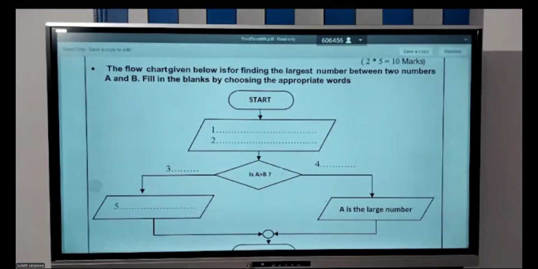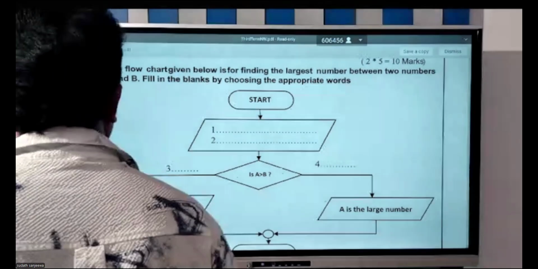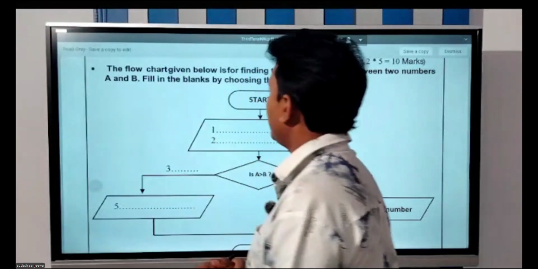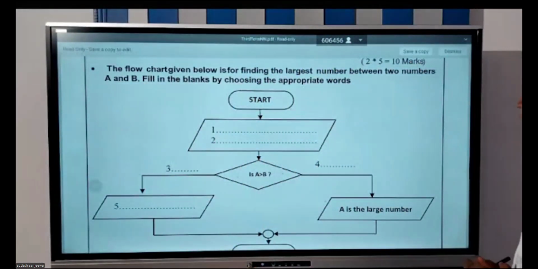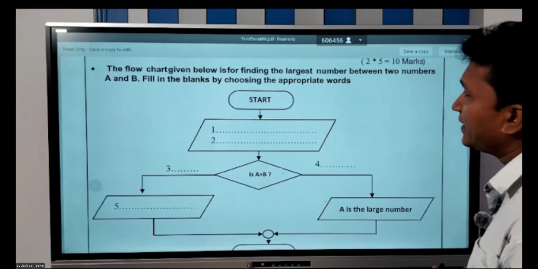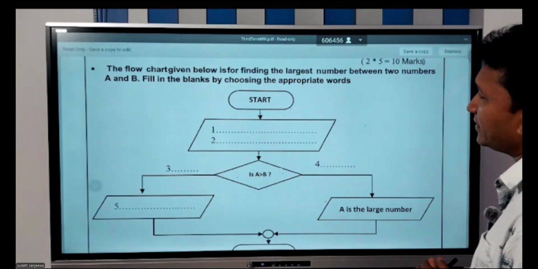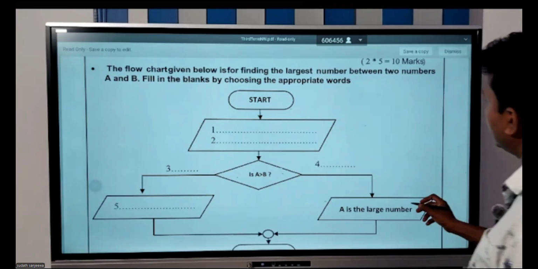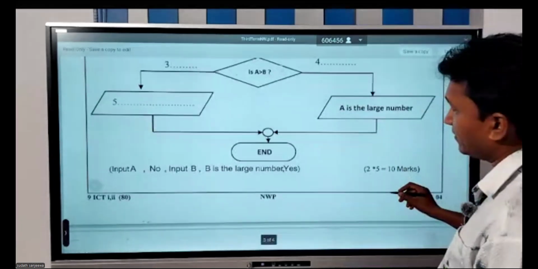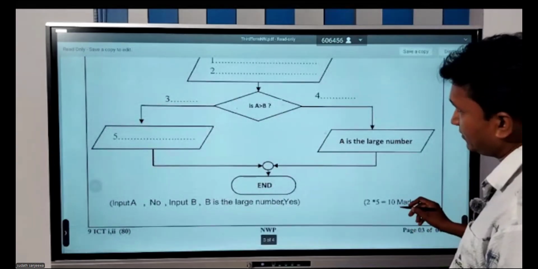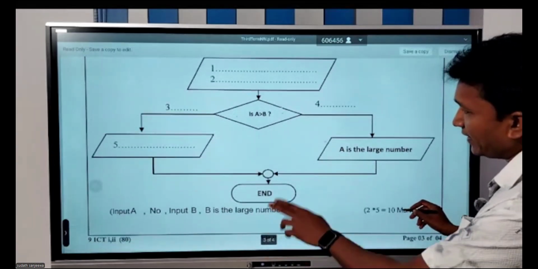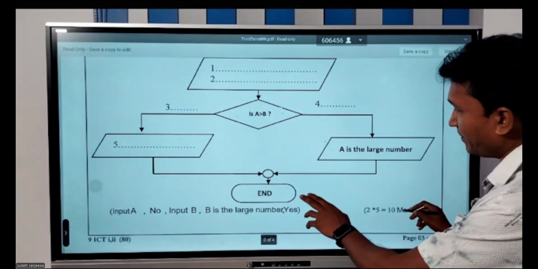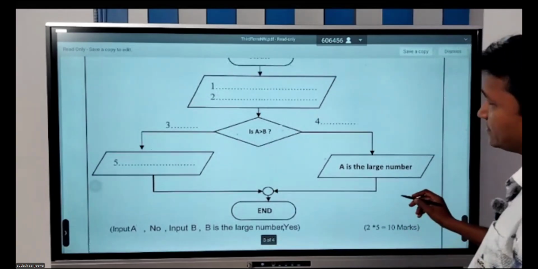Flow chart. Given below is for finding the largest number between two numbers A and B. Fill in the blanks by choosing the appropriate words. Words are given: Input A, no, Input B, B is larger number, and yes.